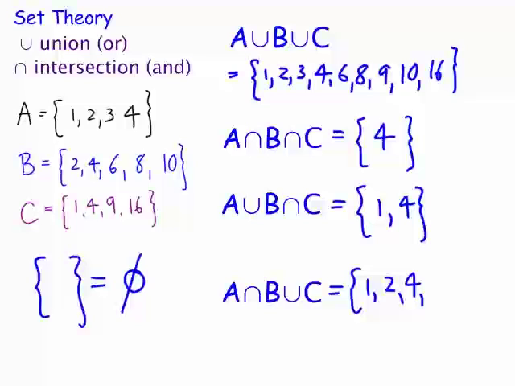We're unioning it with C, so we're adding in these elements from C into the intersection of A and B. So A intersection B is just 2 and 4, and we're adding in the other elements from C: 1, 9, and 16.